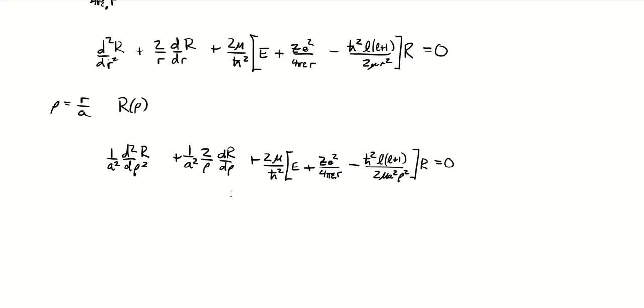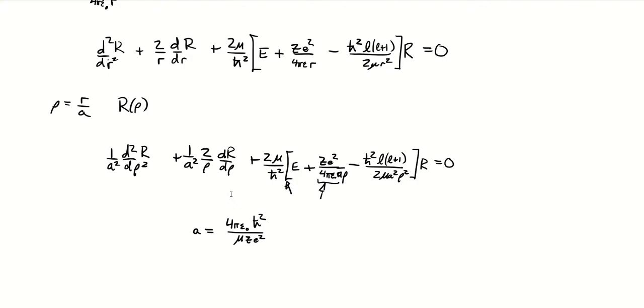Another thing you can do is look at the coefficients in these bracketed terms here, and we can define two more quantities. a is just going to be equal to 4πε₀ħ² over μZe².